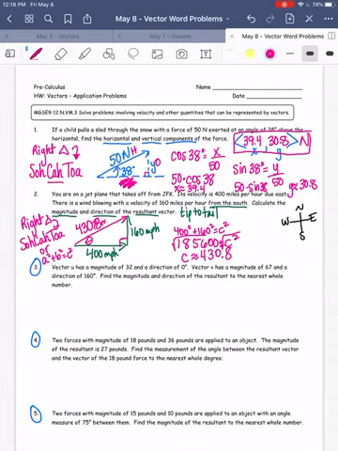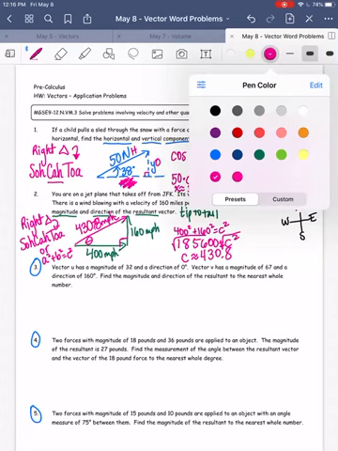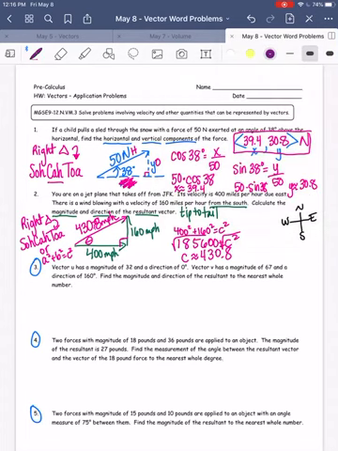430.8 miles per hour. Now, just because I want to show you that you actually can do it the other way, this was Pythagorean theorem, I'm also going to do it with law of cosines. So law of cosines would go 400 squared plus 160 squared minus 2 times 400 times 160 times the cosine of the angle between them, which is 90 degrees.